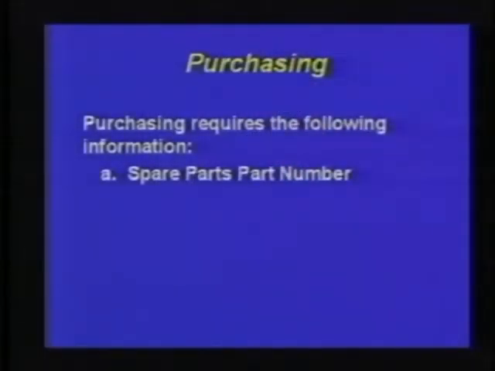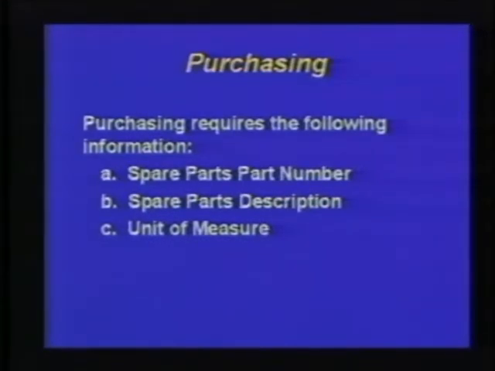Starting off with item number A, we have our spare parts part number. B is the description, and C is the unit of measure. And item number D are the purchase costs. Now, that can be singular if we only have one supplier, or plural where we have 2 or more.